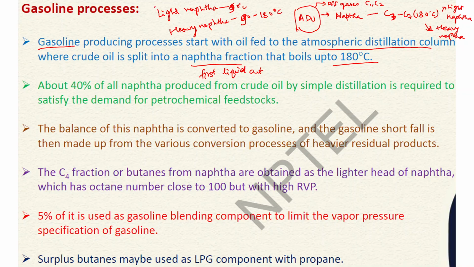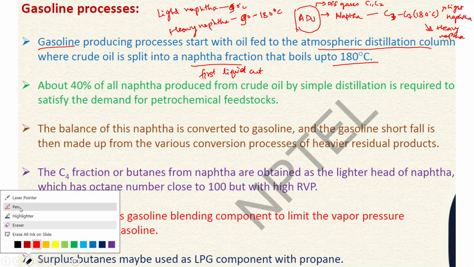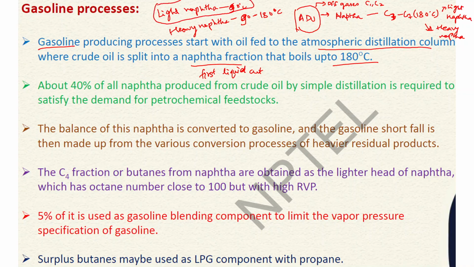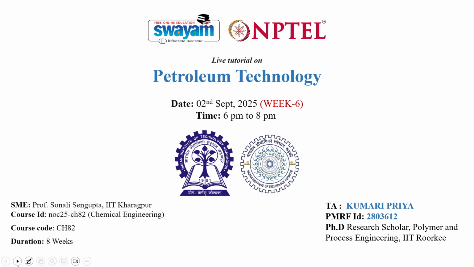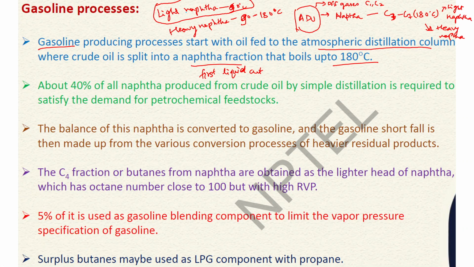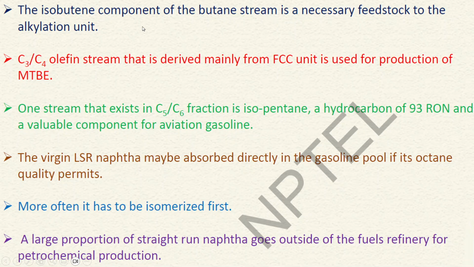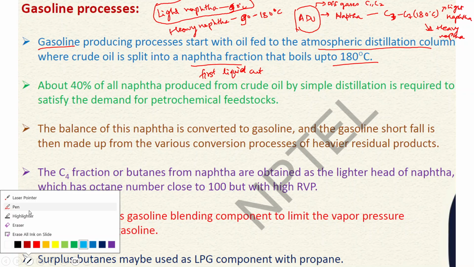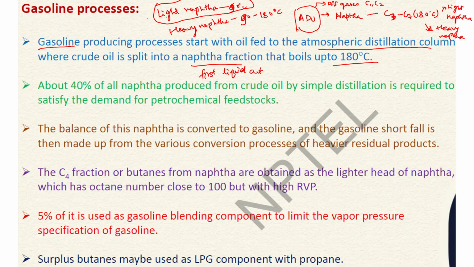Okay. So this light naphtha portion makes almost 40%, and this heavy naphtha is basically the remaining 60% balanced portion of the naphtha.